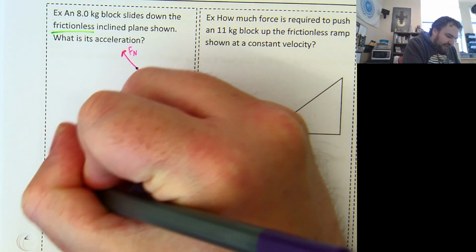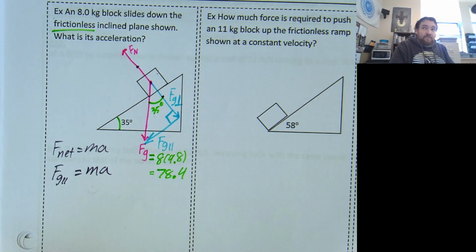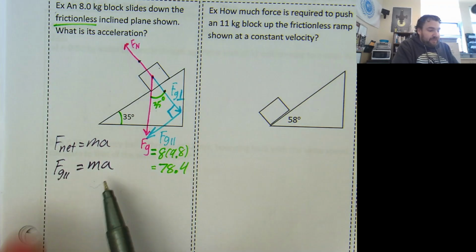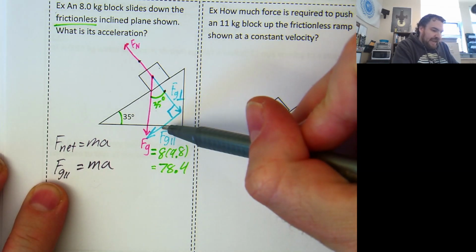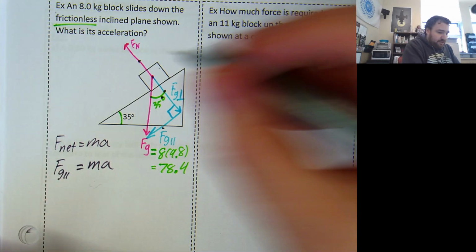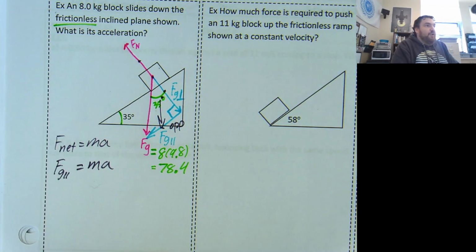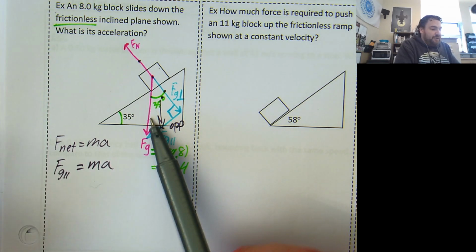So Fg parallel is going to equal ma. And now I can start to plug these things in. Fg parallel is opposite the angle that we've been given, so it's going to be sine. If we're using SOHCAHTOA, this is the opposite side, and we know the hypotenuse, so we're going to use sine.